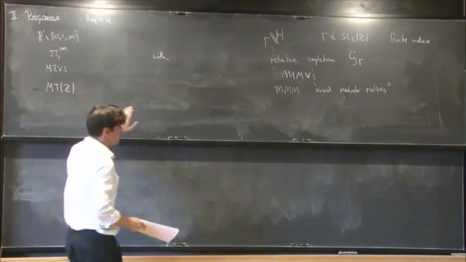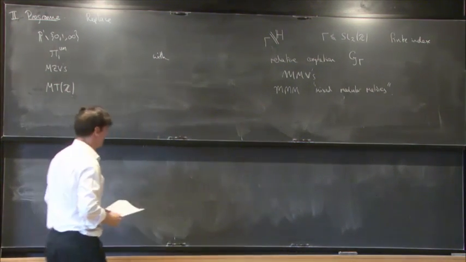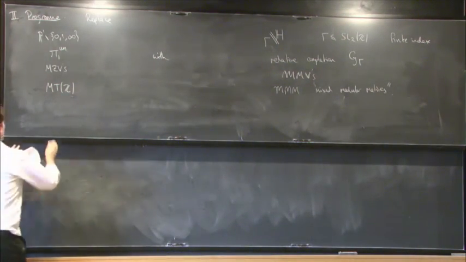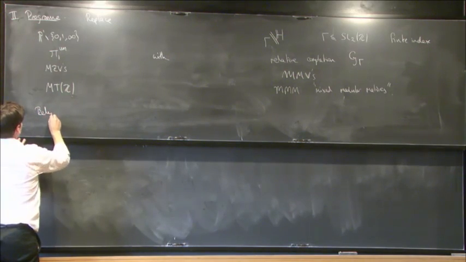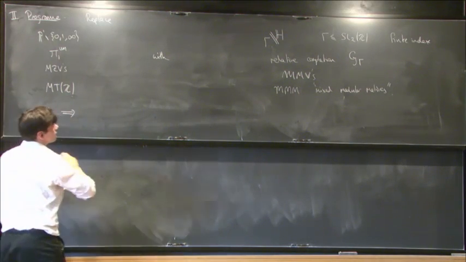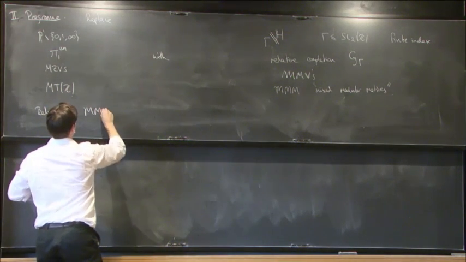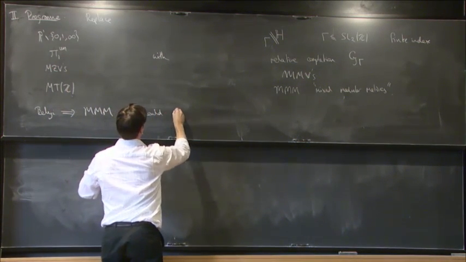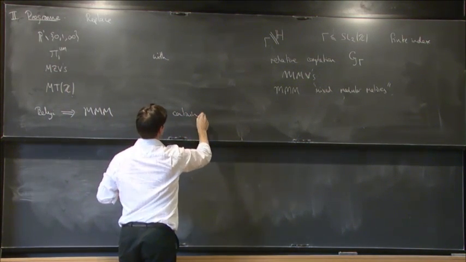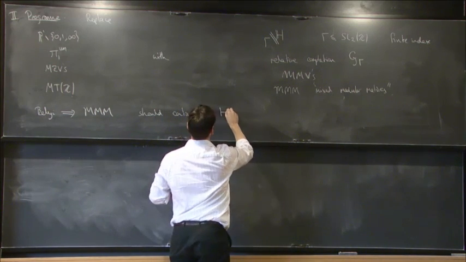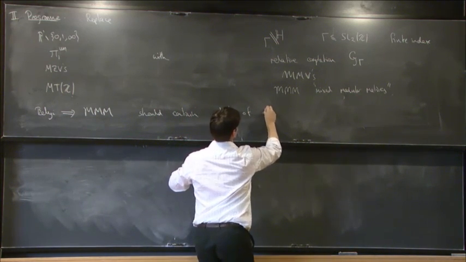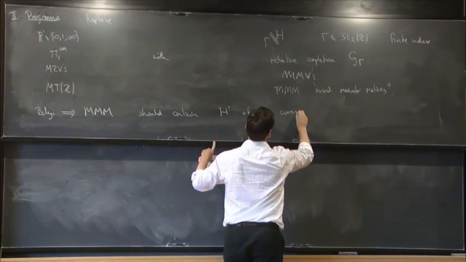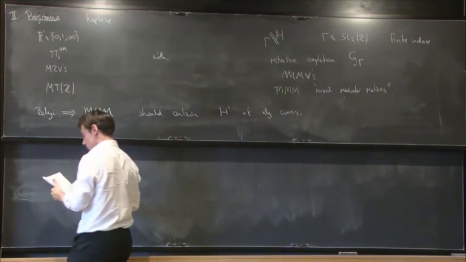So I'm perfectly happy with working with realizations. A remark, due to a corollary of Belyi's theorem, is that MMM should be extraordinarily rich because it should contain not only the motives of all modular forms, but in particular the H1 of all algebraic curves defined over number fields.